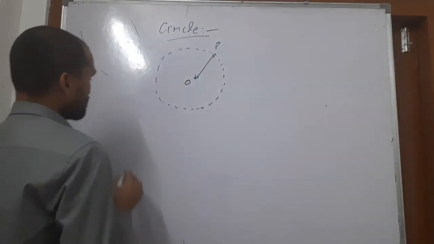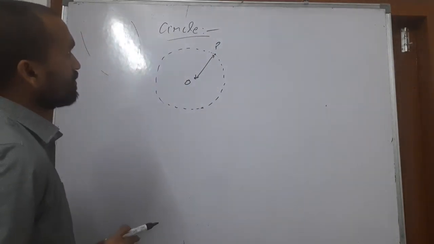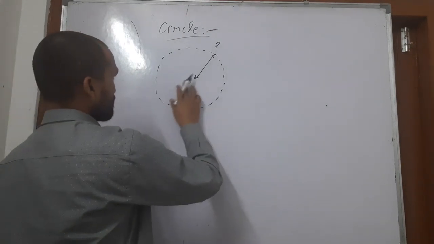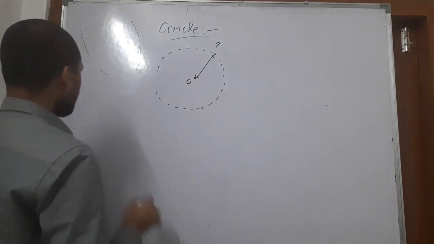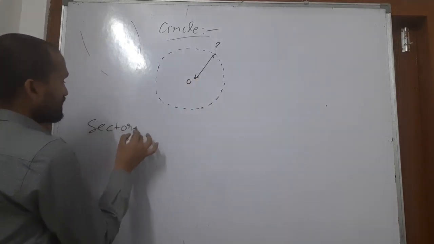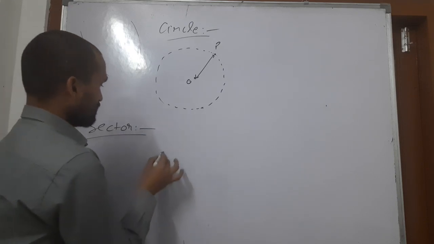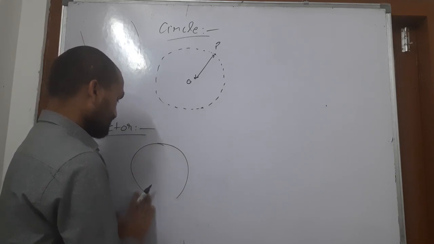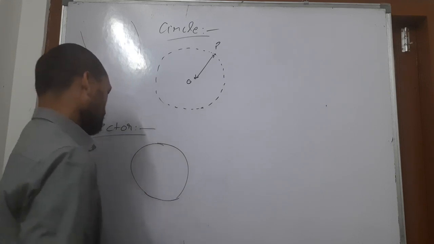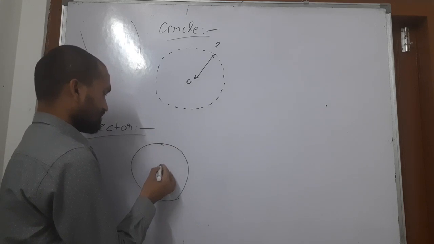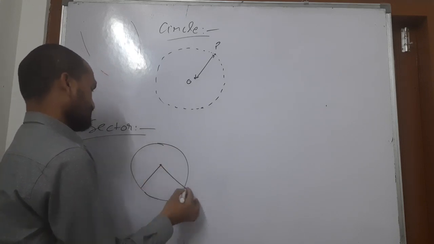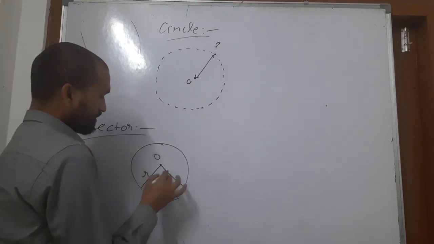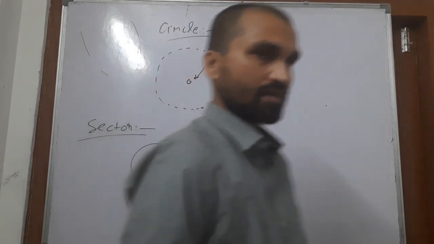Now we should discuss some particular things in circle, that is sector. Okay, we should discuss sector. What is sector? We have drawn a circle. Now we should identify this sector in this circle. So this is our center O and these are radii of the circle.